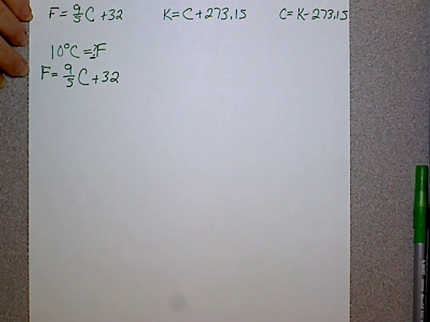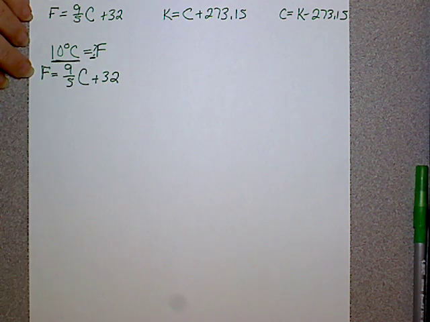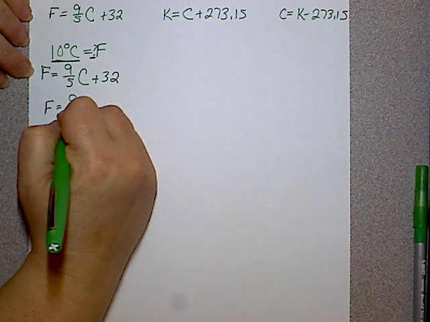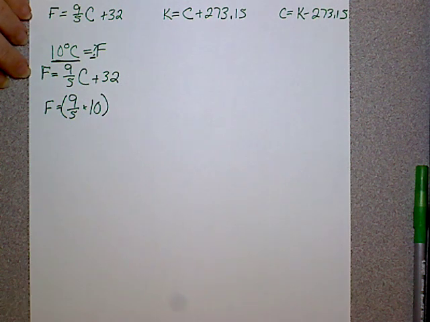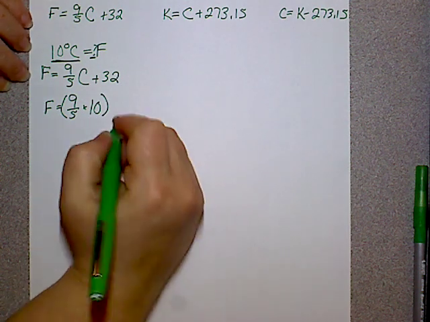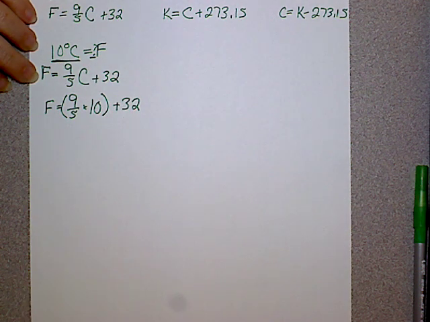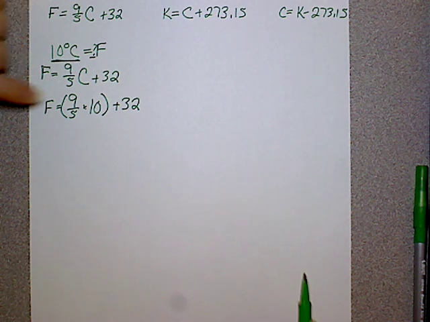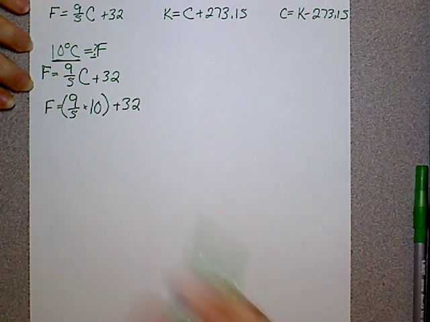Nine-fifths C plus 32. We're given a C, 10 degrees Celsius. So step 2 is to plug that in. 9/5 times C, and I put parentheses around this to remind myself I'm doing that first, plus 32. So now you've got two ways that you can go from here. The way that my brain works is to do the 9/5 first and get rid of that fraction.